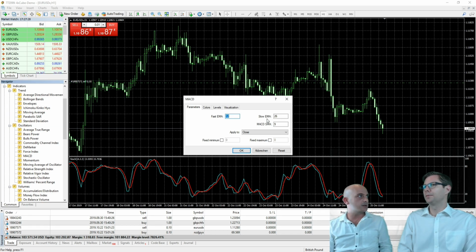So it's a formula of two different moving averages, and then it produces a signal line as well.